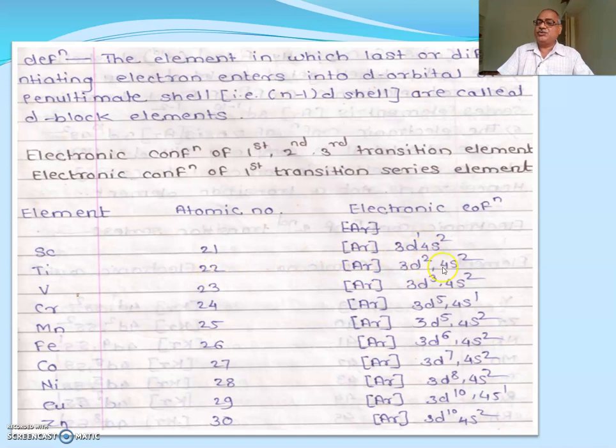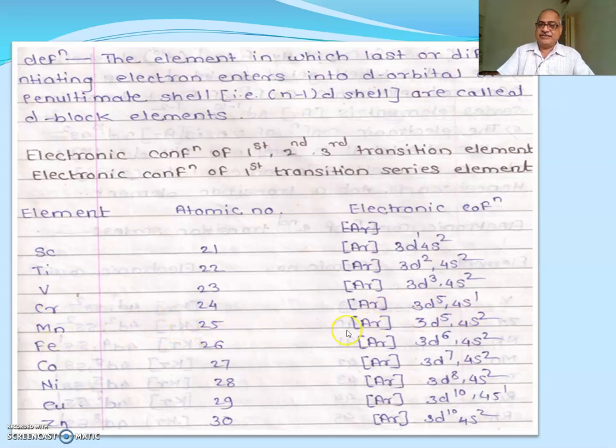Then the second is titanium, 3d2, 4s2. Similarly, in this way, in the D block elements, electrons are filled according to the Aufbau principle and Hund's law of maximum multiplicity. That is vanadium 23, argon 3d3, 4s2. Then chromium 24, that is 3d5, 4s2.